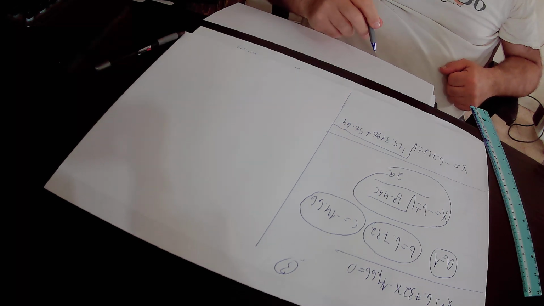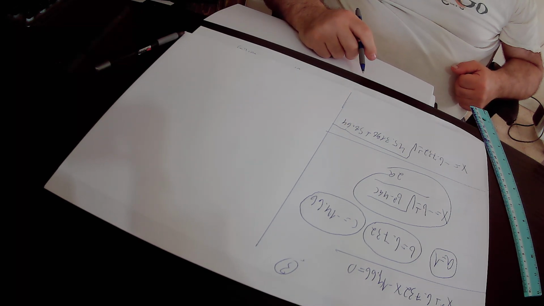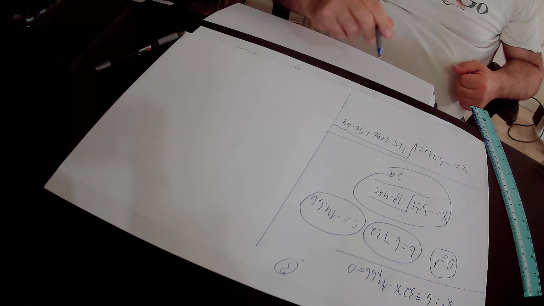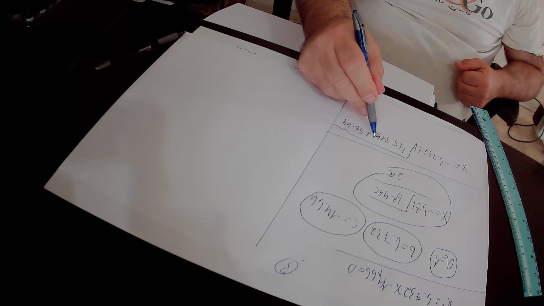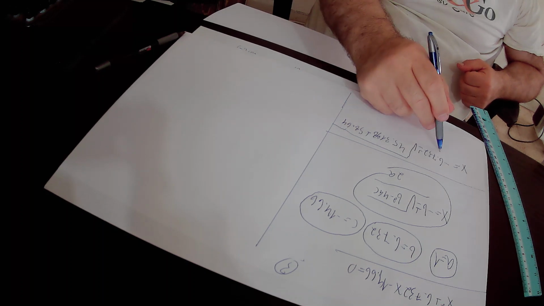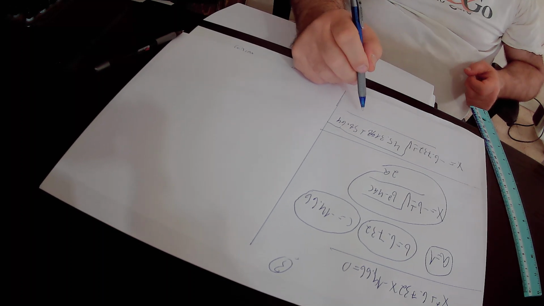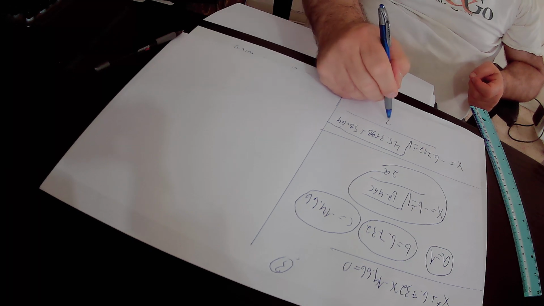So inside the root we have 45.3198 plus 58.64, divided by 2a. a is 1, so 2a is 2 times 1, that is 2.